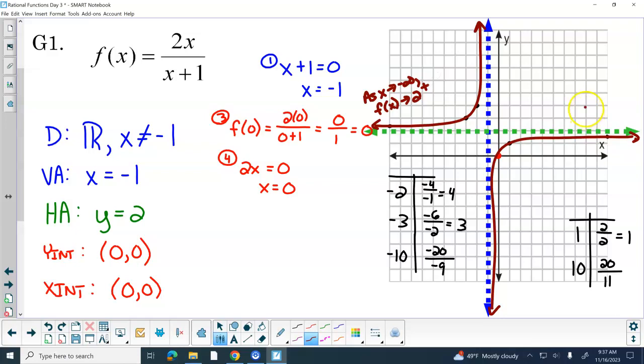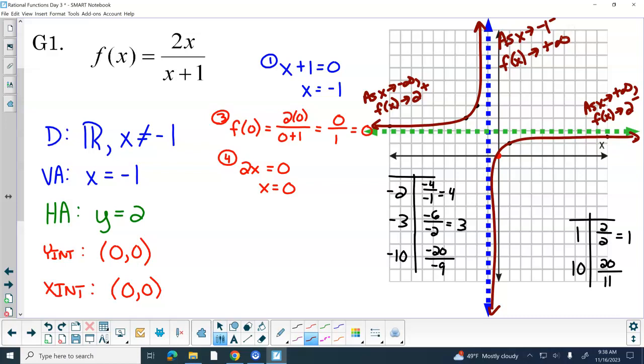Over here, this would be as x approaches +infinity, my function is approaching 2 from below, because now my graph is underneath my horizontal asymptote, so it's approaching 2. That's my end behavior. My asymptotic behavior, up here it would be as x approaches -1 from the left, because I'm on the left side up there, my function is going to positive infinity.